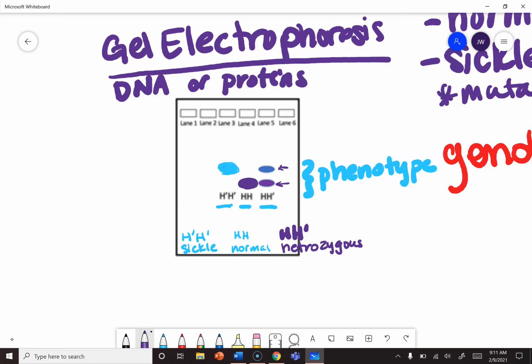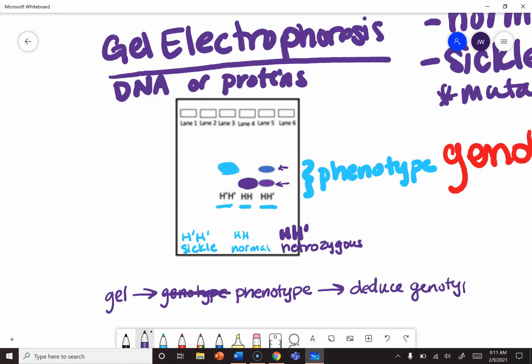So you can use the pattern produced on the gel. That will tell you the phenotype of the individual. Because remember, the phenotype is the physical expression, what is actually being produced, which will then allow you to deduce the genotype.